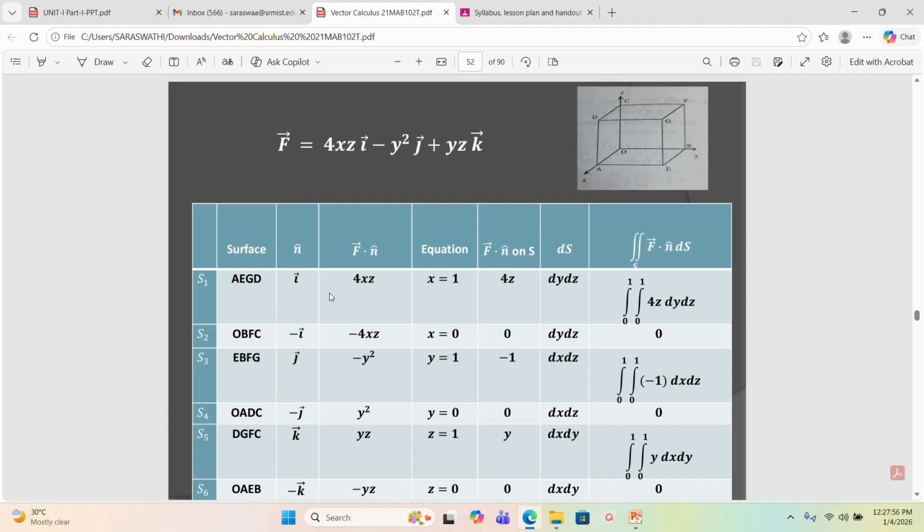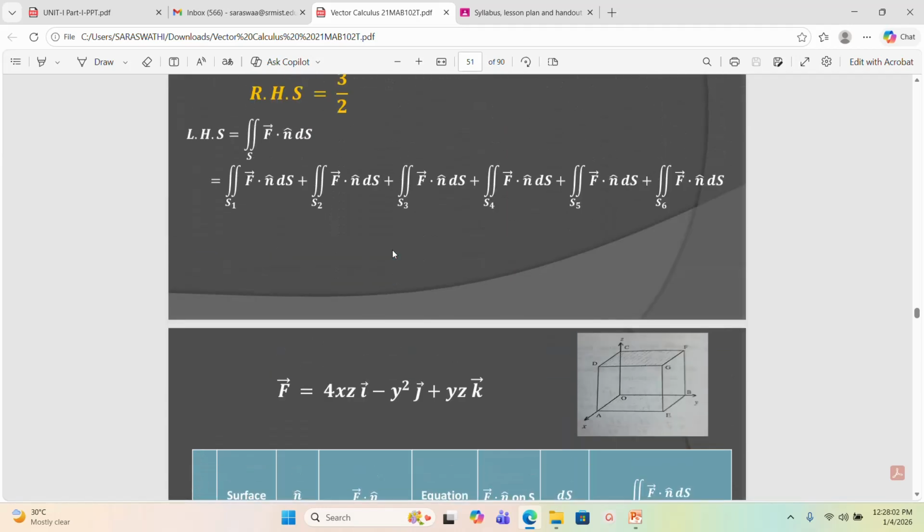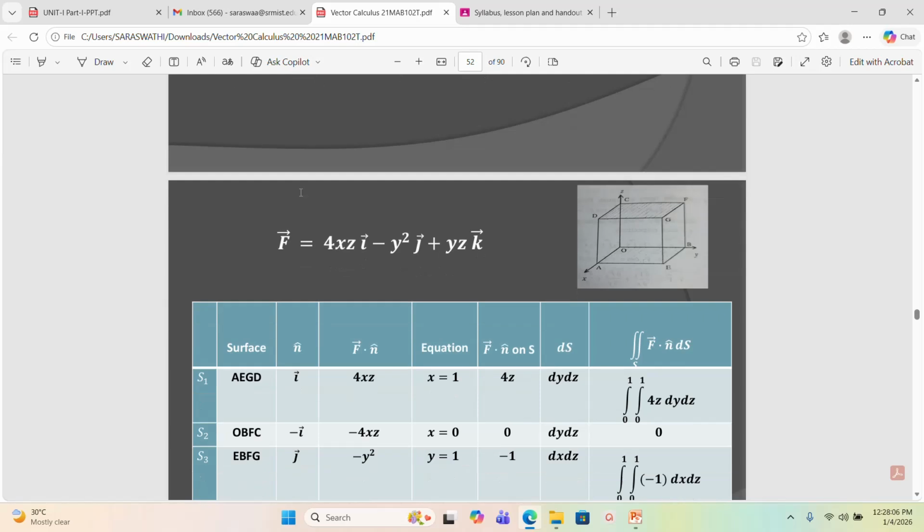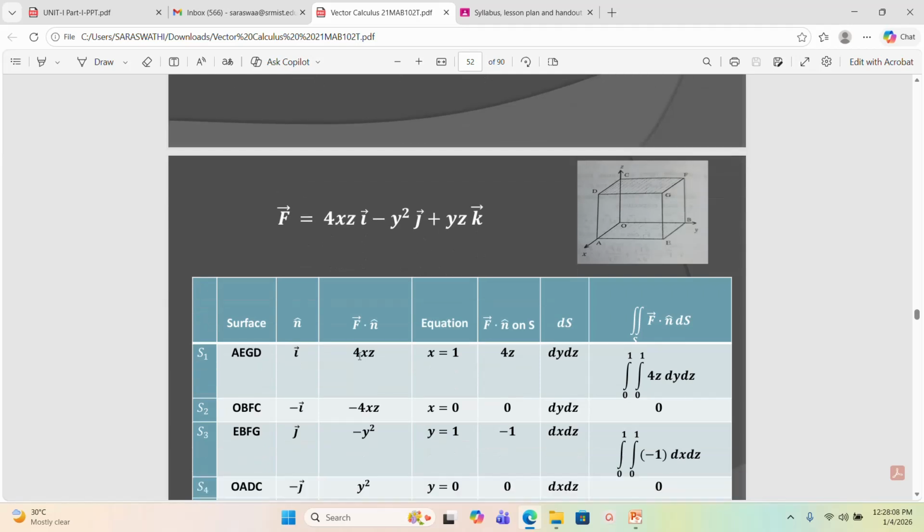Here n vector is equal to i vector. By the formula, the double integral over S of f vector dot n cap into ds, where n cap is i vector. So f vector dot n cap: i dot i equals 1, while i dot j equals 0 and i dot k equals 0.